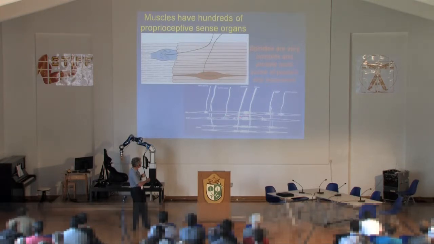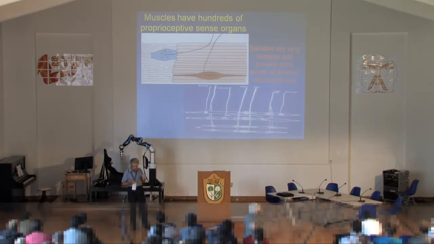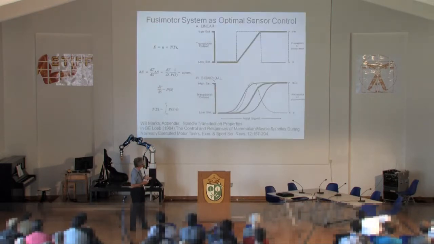And they can shift so the receptors are wrapped around the central portion of these little fibers in various combinations. And by adjusting the tension in these different kinds of muscle fibers, you can radically shift the sensitivity of the spindle either to changes in length or to changes in velocity or any combination thereof, which is a useful thing in a system that has a very wide dynamic range and transducers that have individually rather limited dynamic range.